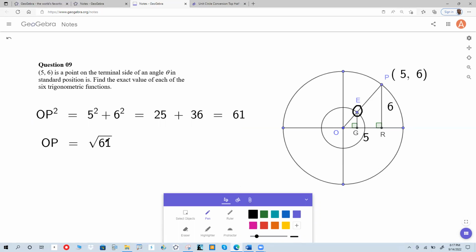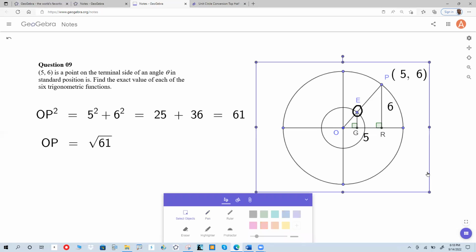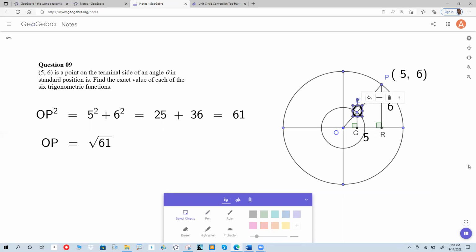Well, that's going to make the triangles proportional: triangle OPR and triangle OEG. Let's do it nicely. Again, this triangle OEG and this triangle OPR should be proportionate. The sides should be proportionate. These are things we have talked about in class, right, guys?